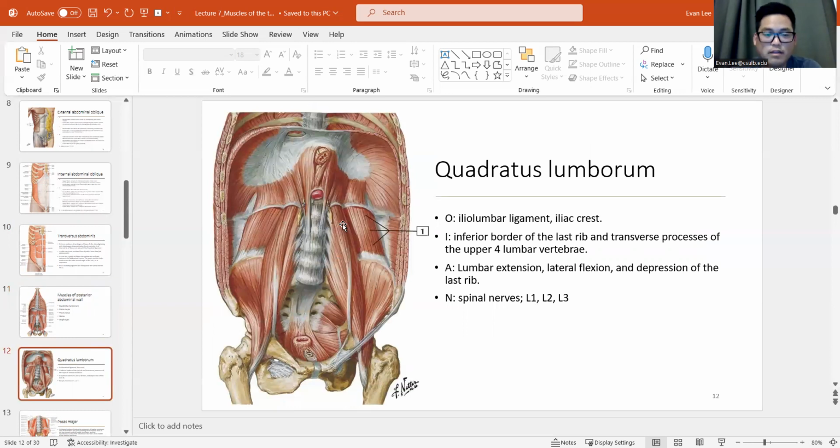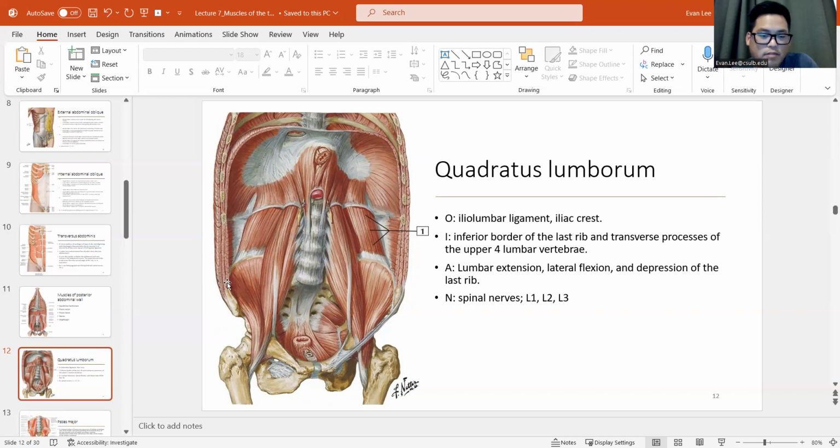So to start off with, quadratus lumborum. Looking at this picture of the deep abdomen, let's orient ourselves, where you can see the lumbar vertebra, the ilium, which has iliacus on top of it, and that means that this is the iliac crest.